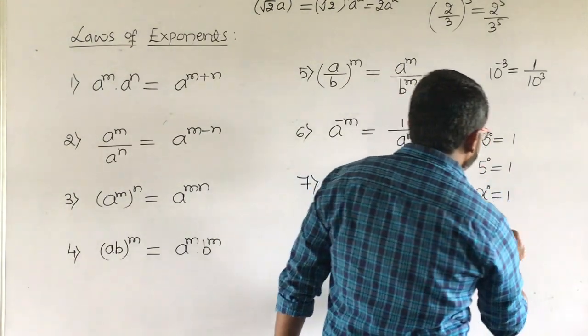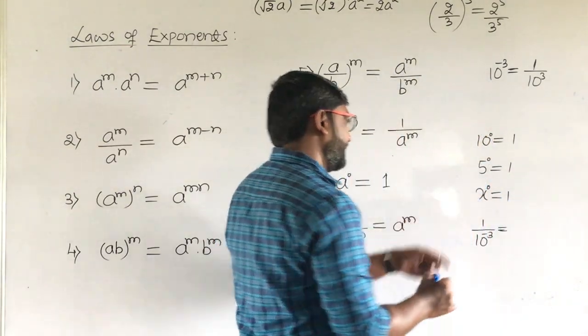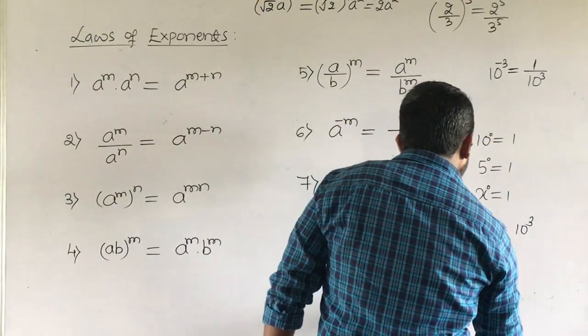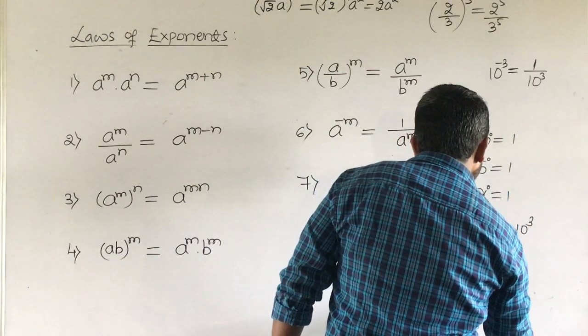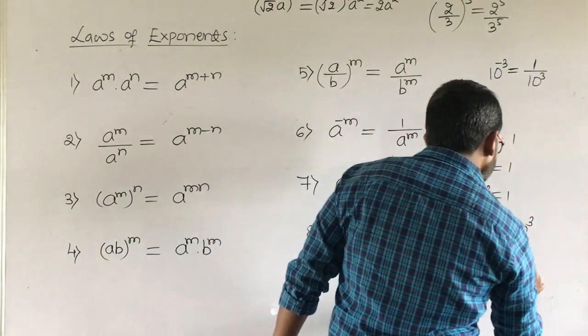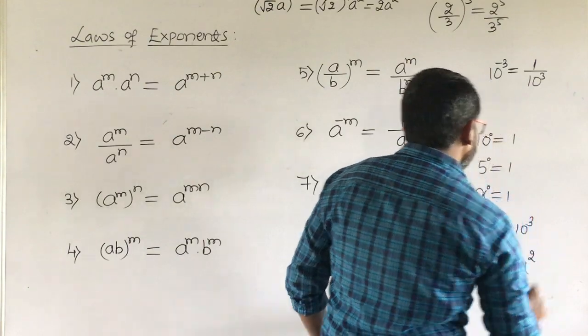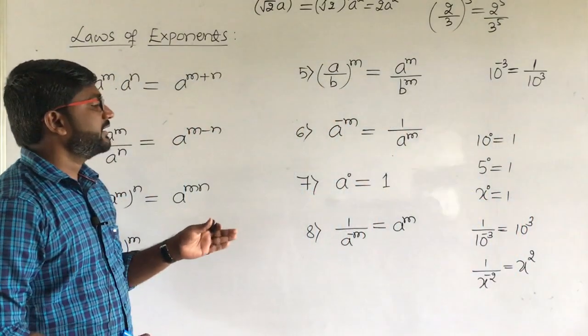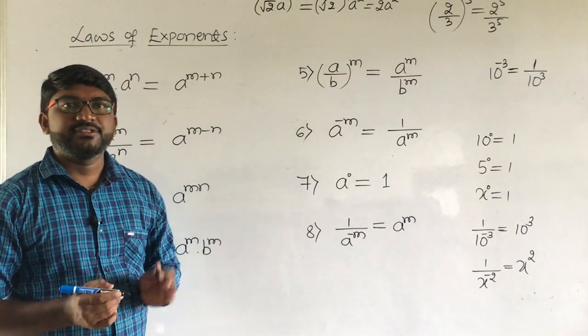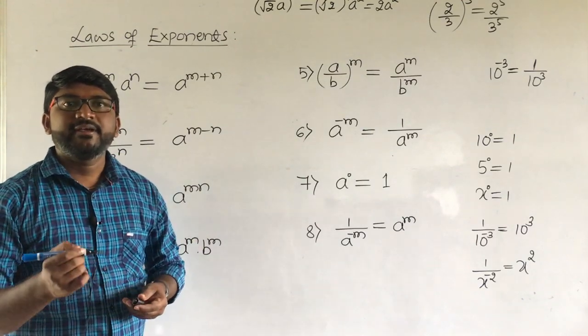So 1 by 10 raised to minus 3 can be written as 10 raised to plus 3, or else 1 divided by x to the power minus 2 can be written as, take this to the numerator, it becomes x to the power plus 2. So these are very important laws which we are going to use in our first PUC as well as second PUC. So this is all about the laws of exponents.